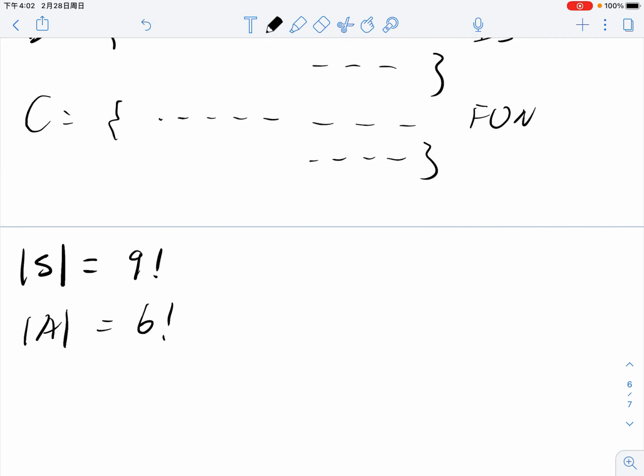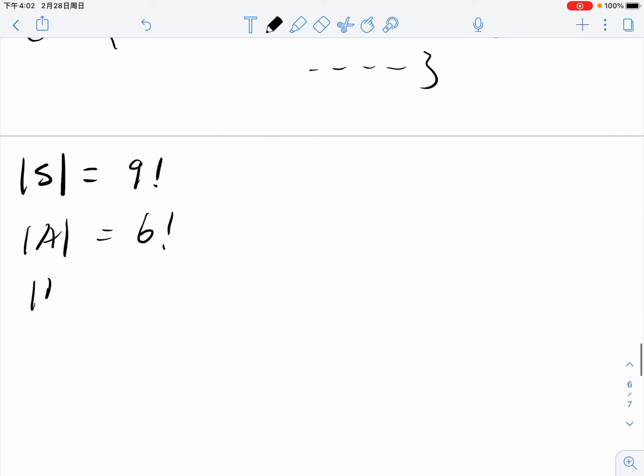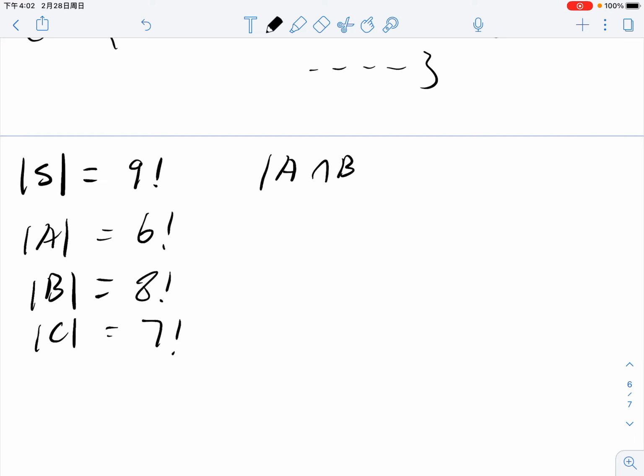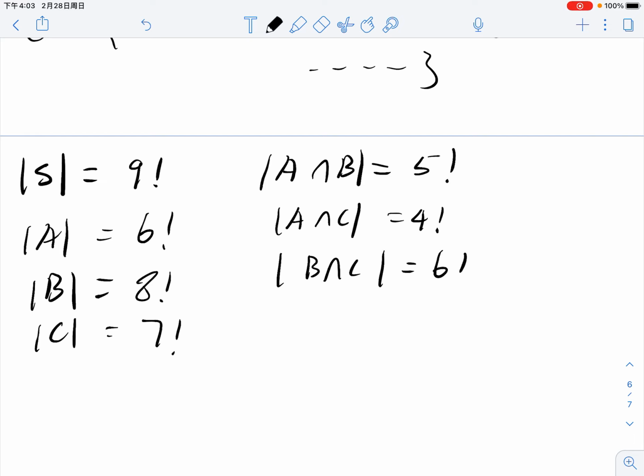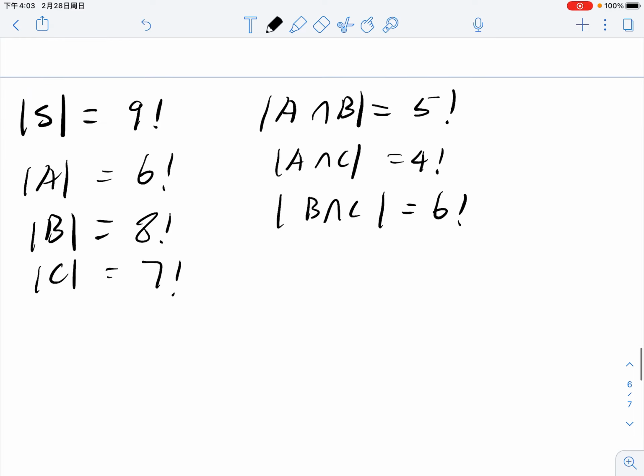So this is 6 factorial. Similarly, set B can be viewed as a permutation of 8 letters, 8 factorial. C is 7 factorial. And similarly, A intersection B can be viewed as a permutation of 5 letters. So you can just write down the cardinality easily.